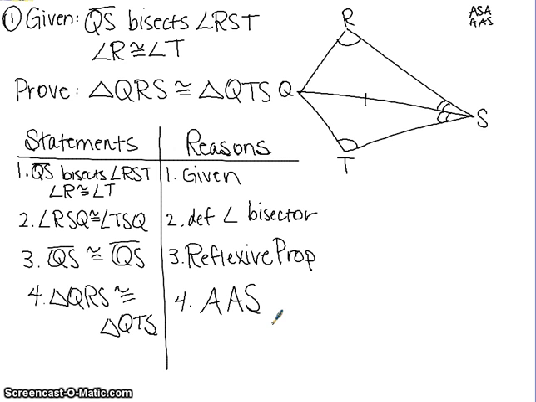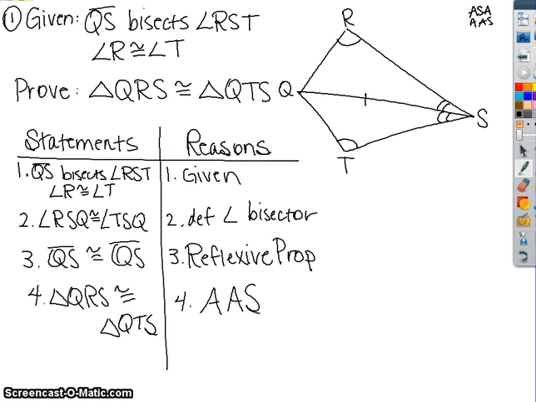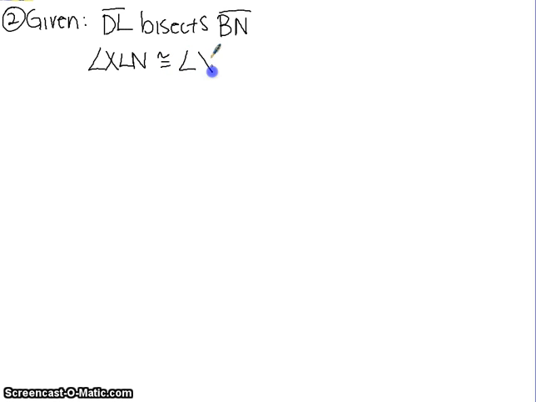All right, let's look at the next one. Last example. In this one, we are given that DL bisects BN and that angle XLN is congruent to angle XDB.